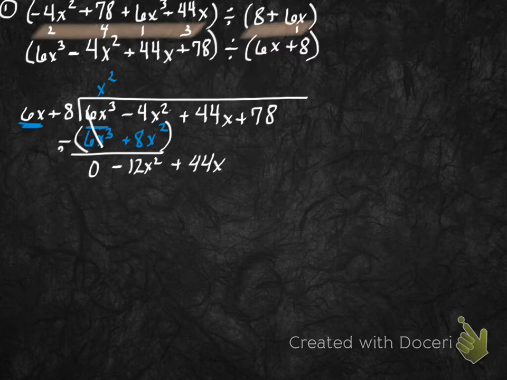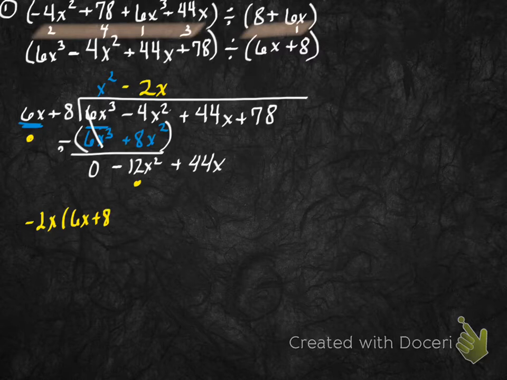Now for this next one, what number do I need to multiply 6 by to get negative 12? I need to multiply it by negative 2, and to get an x squared, I need to multiply it by x. So negative 2x times 6x plus 8 is negative 12x squared minus 16x.